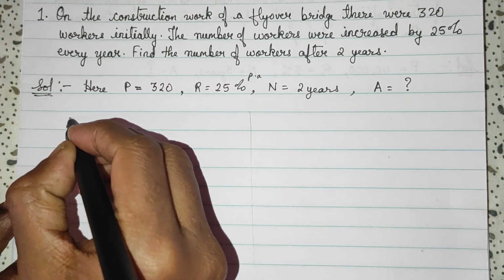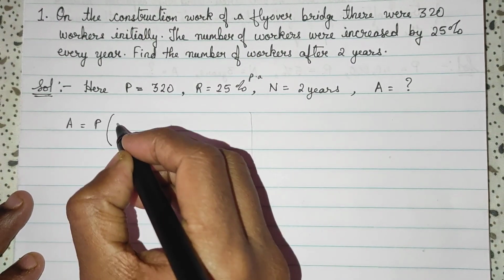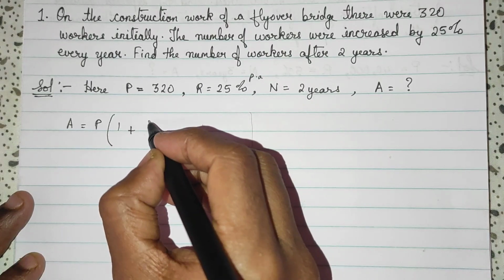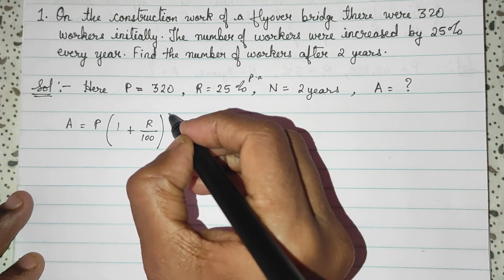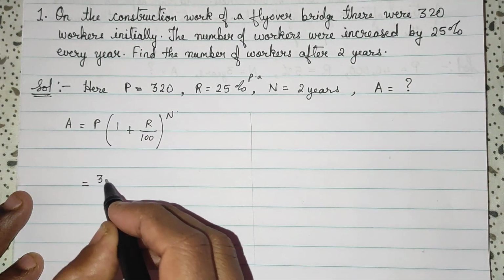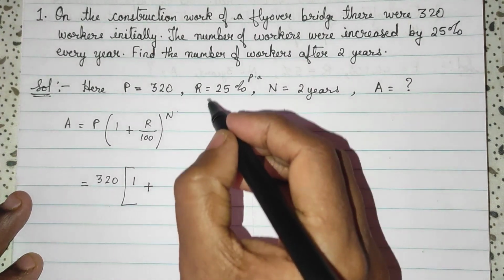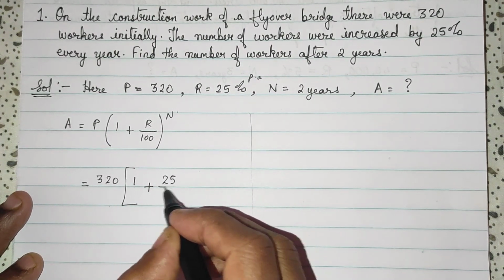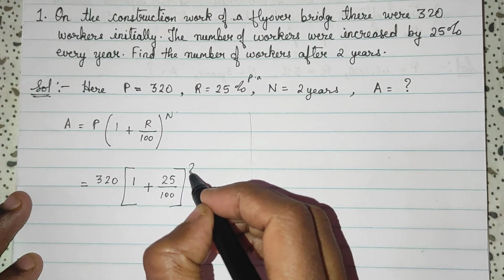We have the formula: amount is equal to P into (1 plus R upon 100) raised to N. So P is what? 320. (1 plus R, 25 upon 100) raised to N. N we have 2.